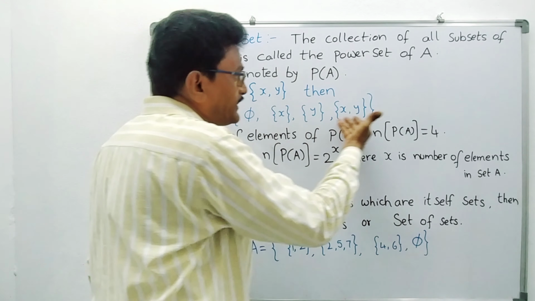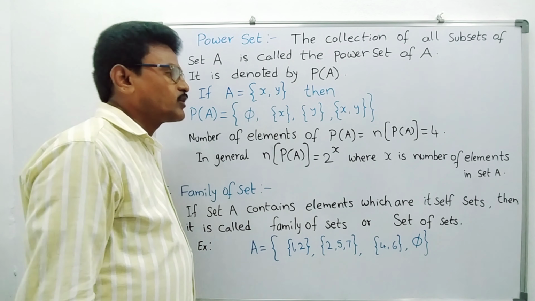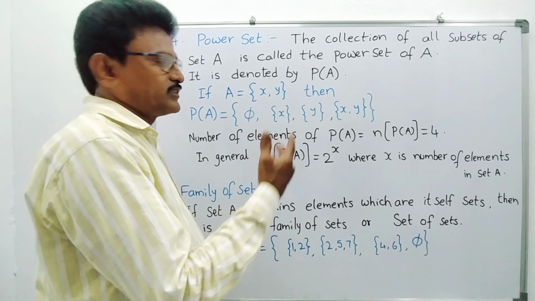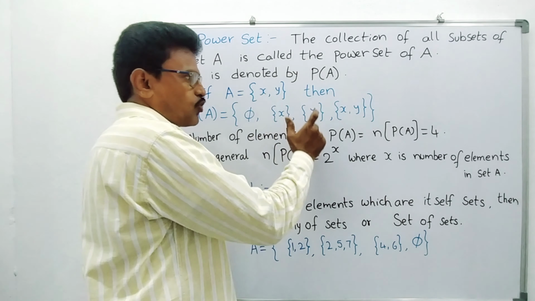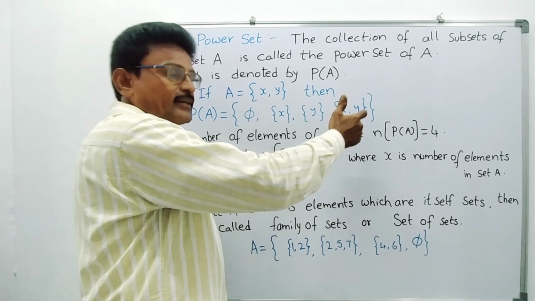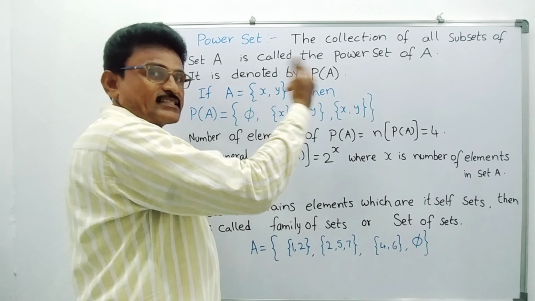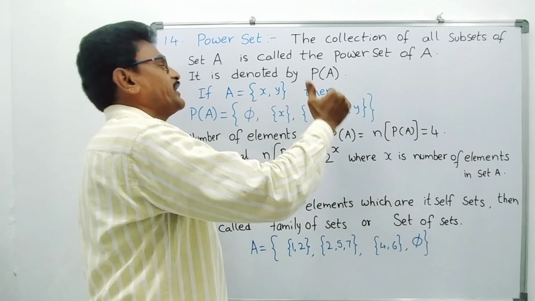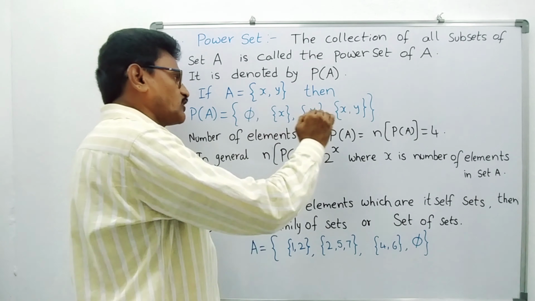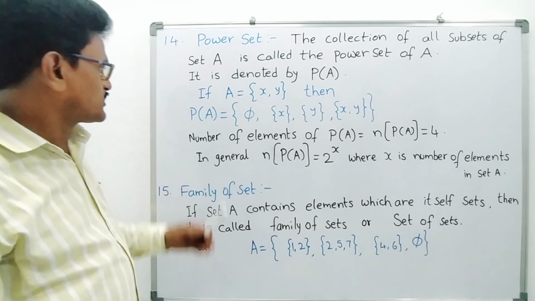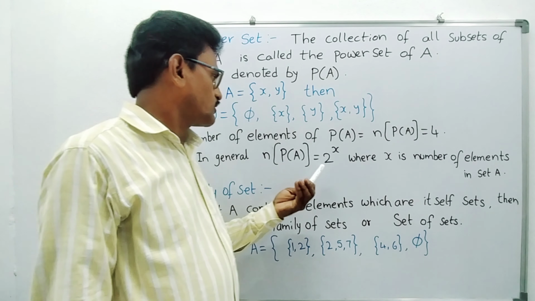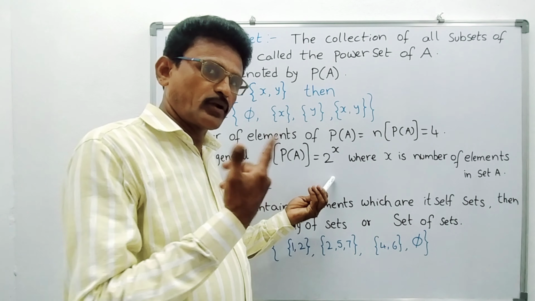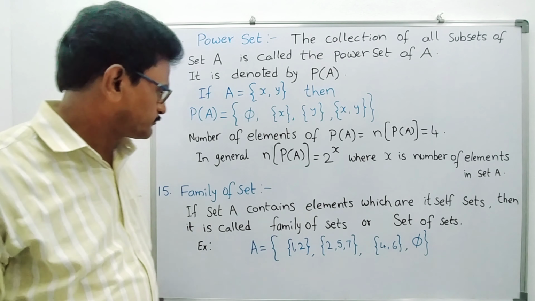You will get here totally 8 elements. Pi, only x, only y, only z, xy, xz, yz and xyz finally. Like that we will get 8 elements in the power set of A with regard to this formula 2 to the power of x, that means 2 cubed equals 8.